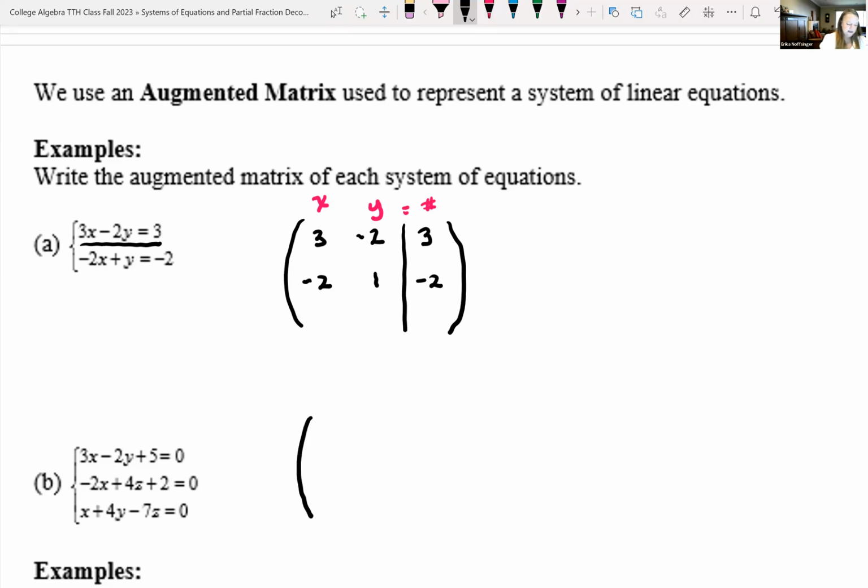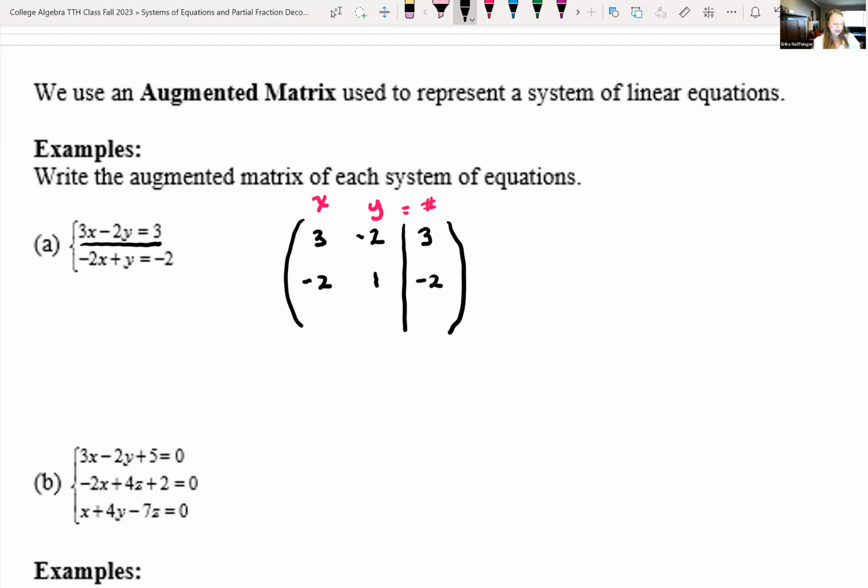In the next example, we have 3 equations, 3 unknowns. So we're just rewriting this as an augmented matrix. And I want to make sure that all my terms are lined up. So actually, I want to rewrite this. Let's get the constants on the other side.